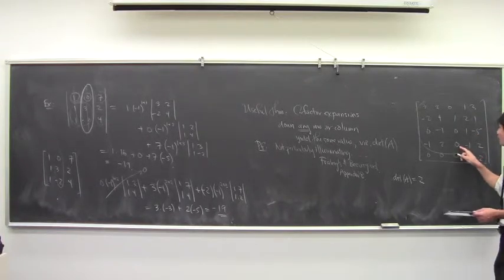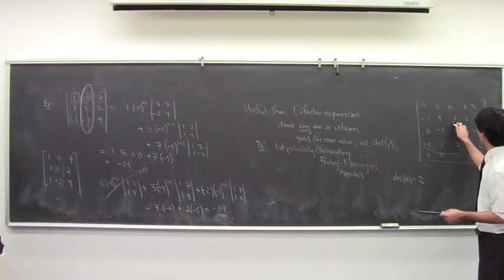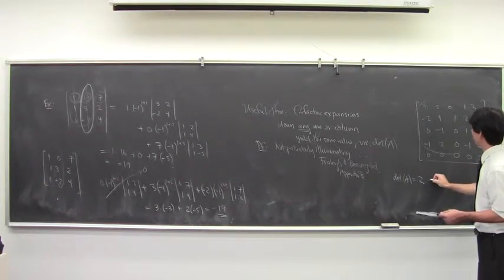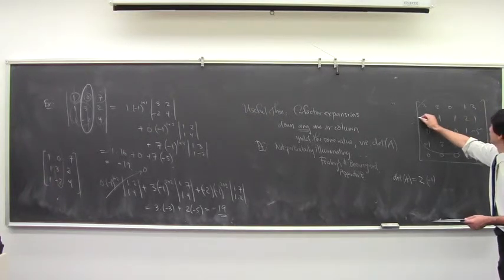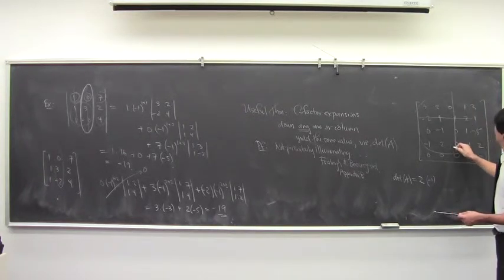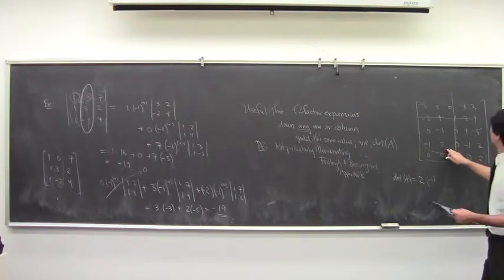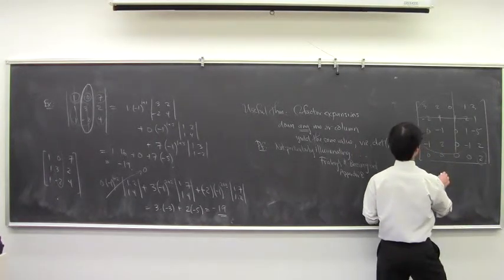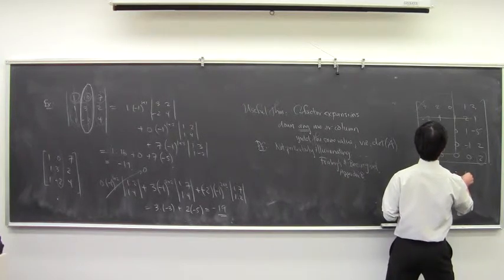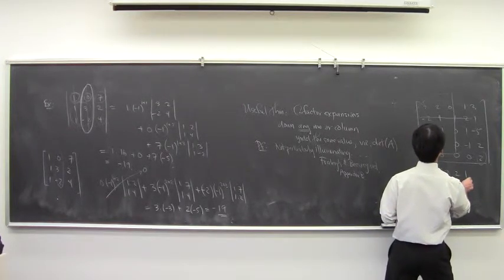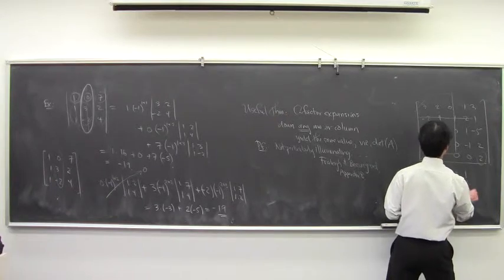So I'm going to get a -1 times the determinant of 3, 2, 1, 0, -1, 1, -1, 2, -1.